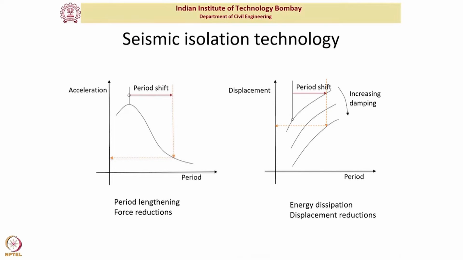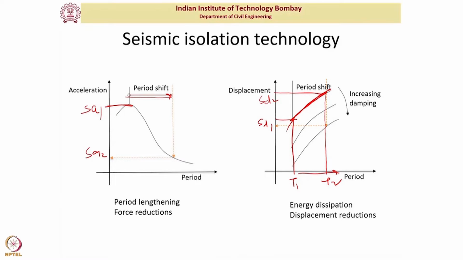As I discussed, if I increase the time period, it would lead to a decrease in the acceleration and subsequently a decrease in the forces. So initially, let us say this was acceleration SA1, it becomes SA2, and SA2 is much smaller than SA1. However, initially I was here, my displacement was SD1. As I increase the time period from T1 to T2, I increased the displacement from SD1 to SD2.